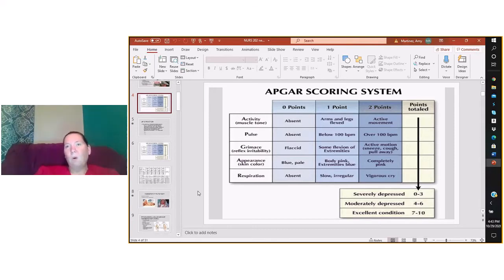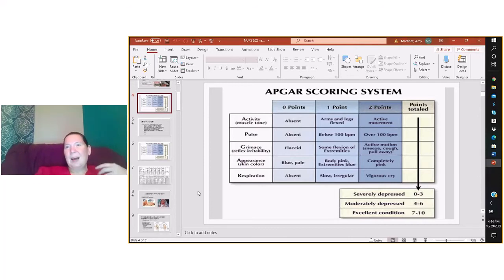So their core will be pink, but their extremities, their hands and their feet, will be blue. And then they get 2 points if they are completely pink head to toe when they are born, which is pretty unusual for most babies. Most babies are not pink when they're first born head to toe. Maybe at 5 minutes, but usually not at 1 minute.